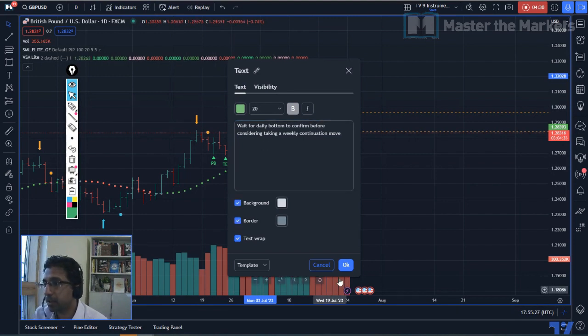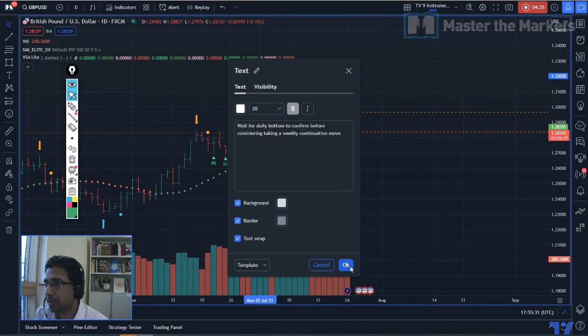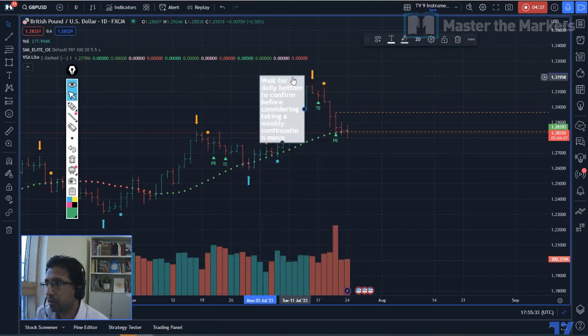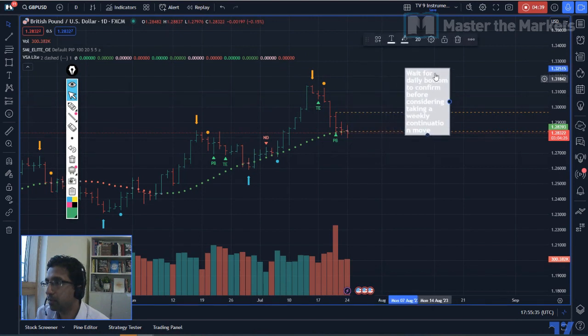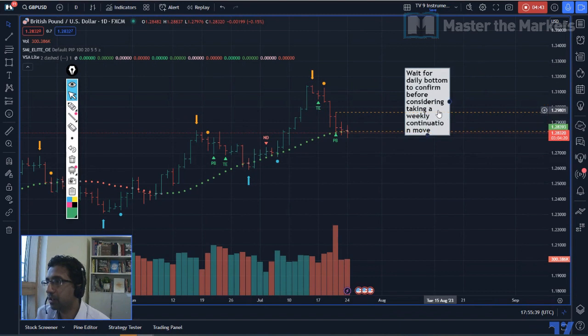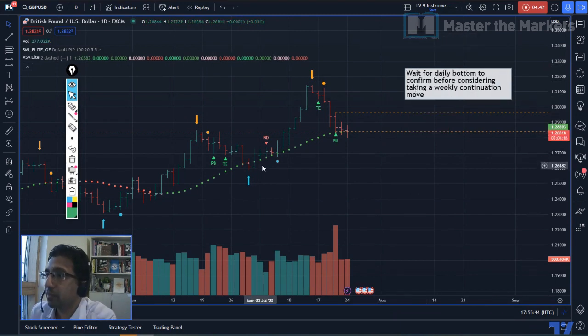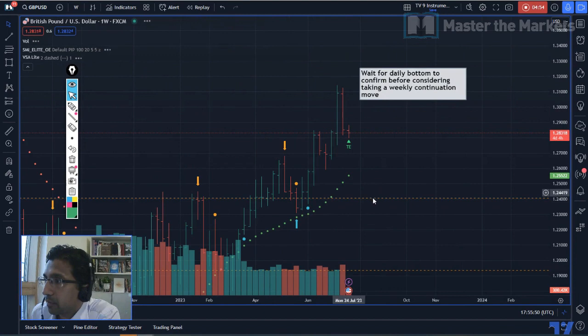Let's see how that comes across. This one, I think I can put it as white, isn't it? Let's see how that turns out. It's not really that great. Let me maybe put it as black. Does that look better? Yeah, okay. So we wait for the daily bottom to confirm before considering taking a weekly continuation move. That's what we are taking a look at over there. I'll leave it on the weekly time frame.